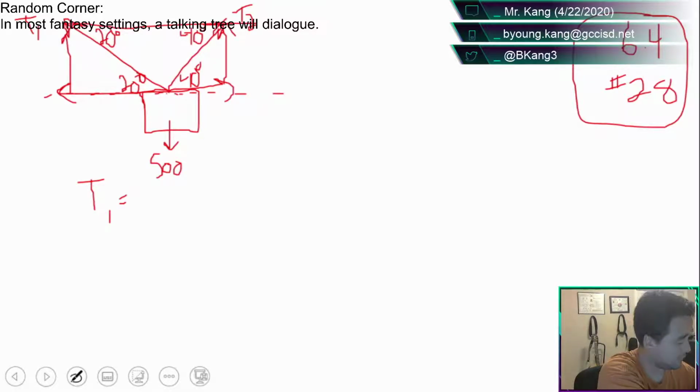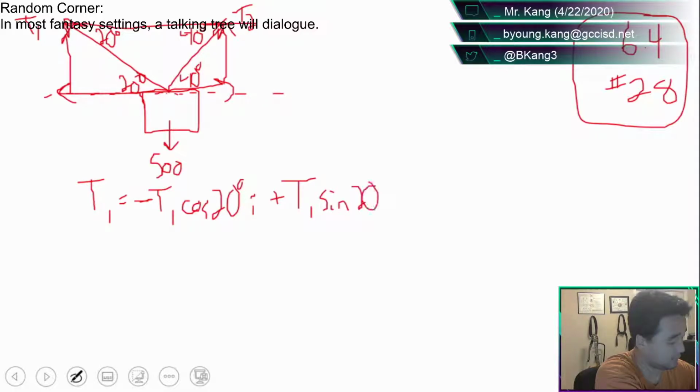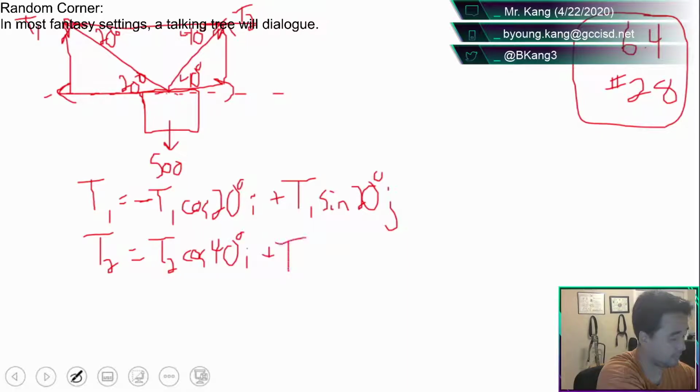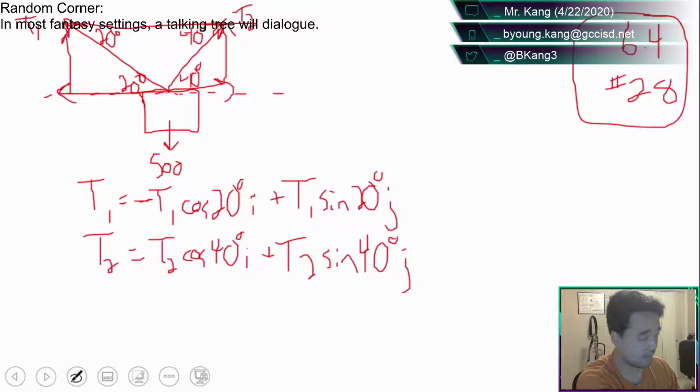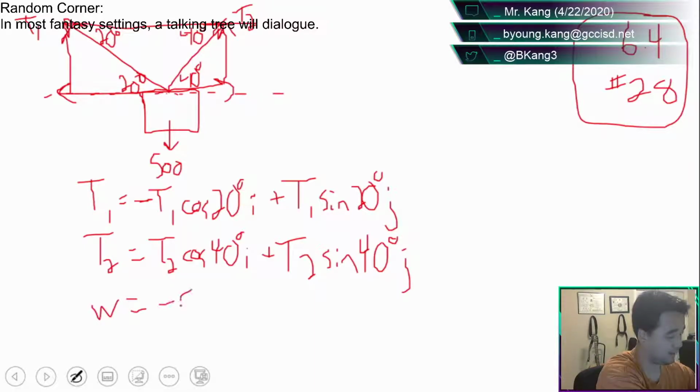Okay, so we'll say T1 cosine 20 degrees I, oh, and that's negative, plus T1 sine 20 degrees J, because that's the y component. T2 is both positive because they're pointing to the right and up. So T2 cosine 40 degrees I plus T2 sine 40 degrees J. And then of course you've got the weight, which is just negative 500 J.